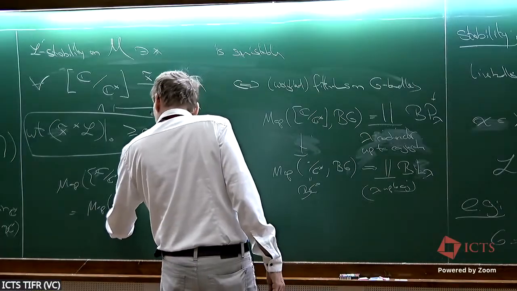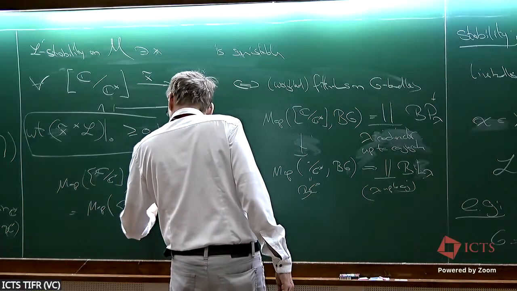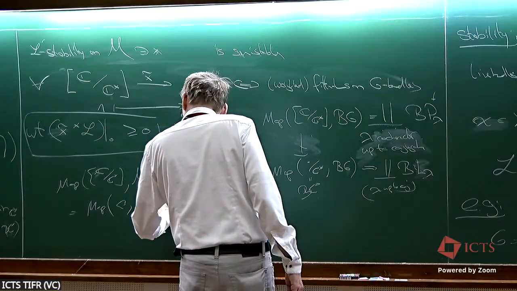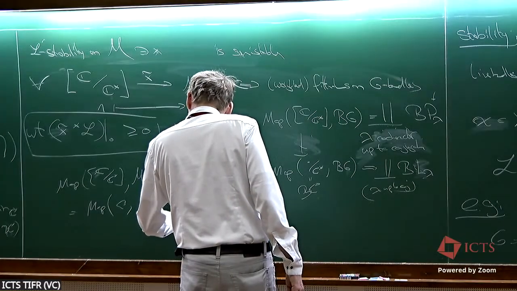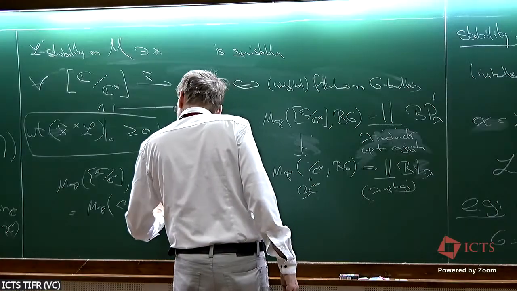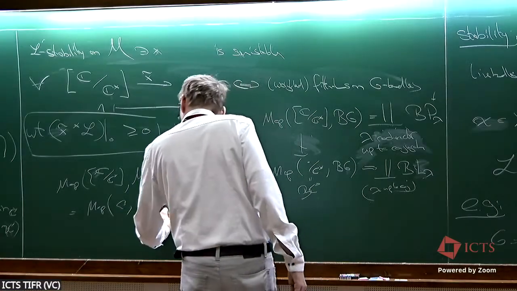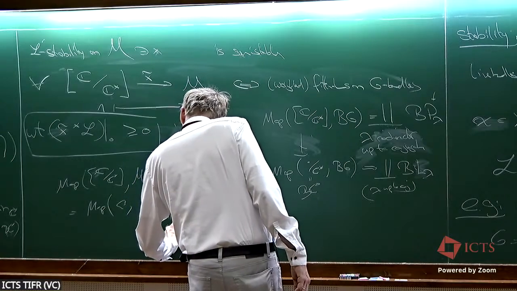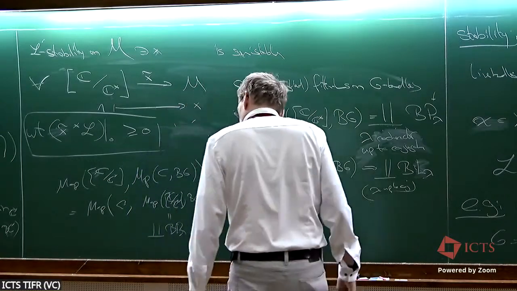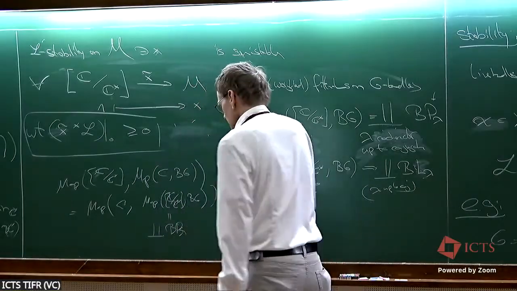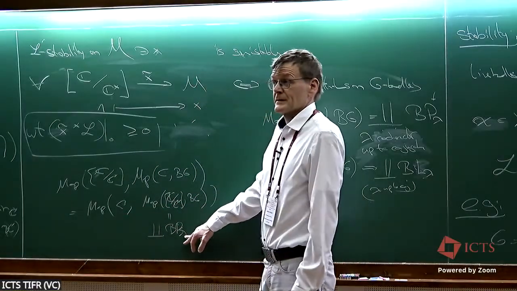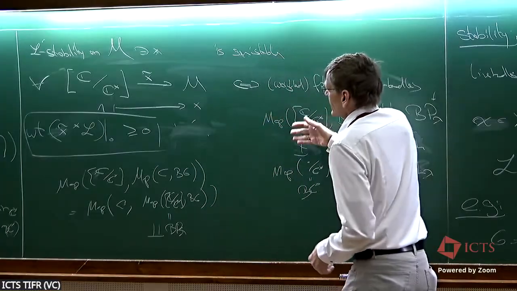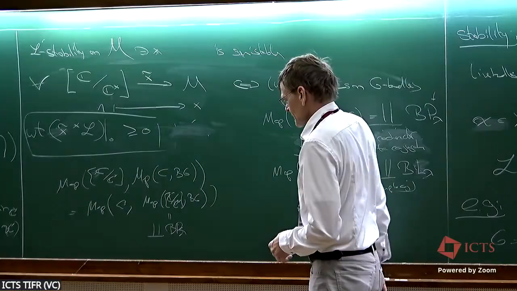So this is P_λ bundles. And that's how you see that this really is just taking a G bundle with a reduction of the structure group to a parabolic.